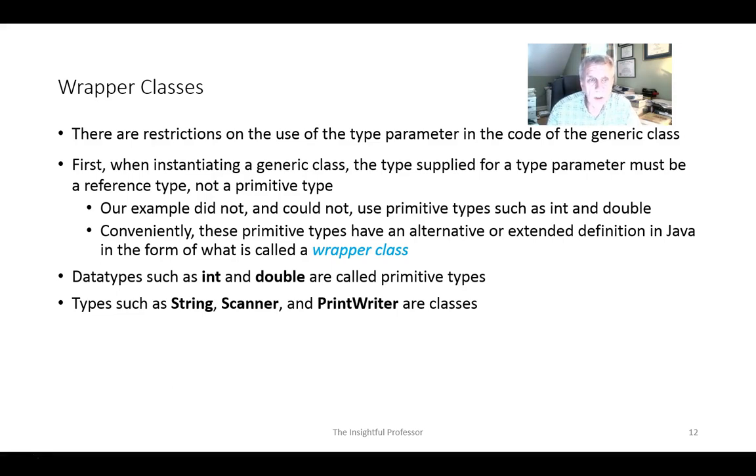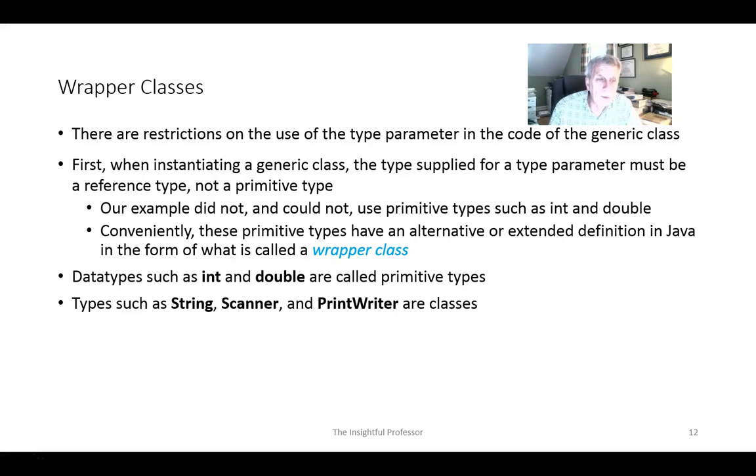We've made this point previously. The example that we provided did not use, nor could it use, primitive data types such as int or double. What we needed to do was to provide some implementation of integer or double, which was defined within a class of its own. That's the notion of the wrapper class. We'll have more on that in just a moment.